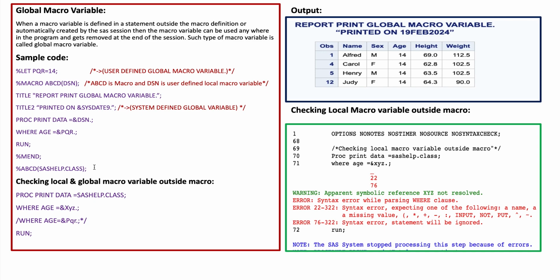Next step, we are going to check local and global macro variables outside the macro. First of all, I am going to check the local macro variable. Proc print data sashelp.class, where age equals &xyz, where xyz is the local macro variable which is defined in the previous slide inside the macro, and run.